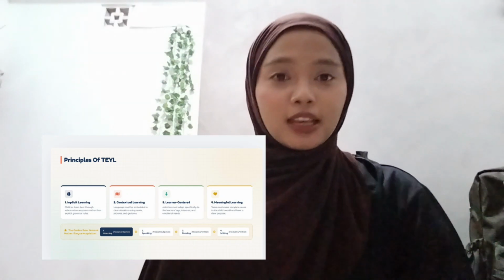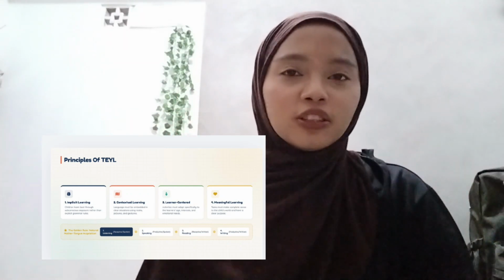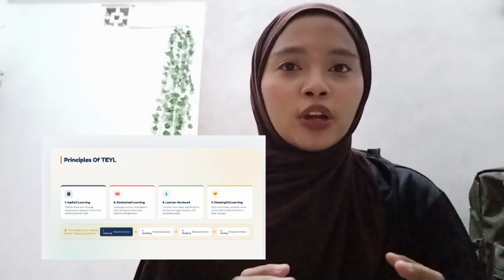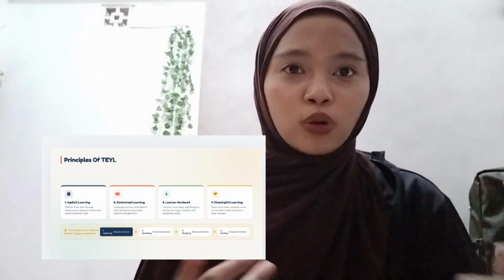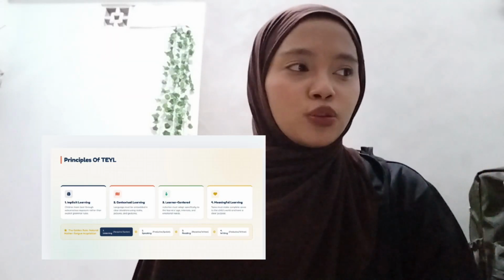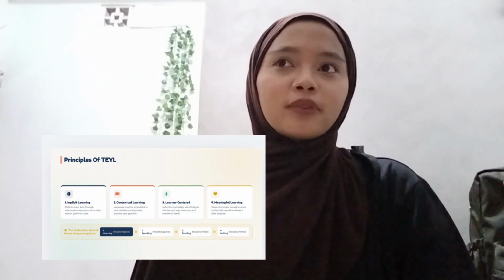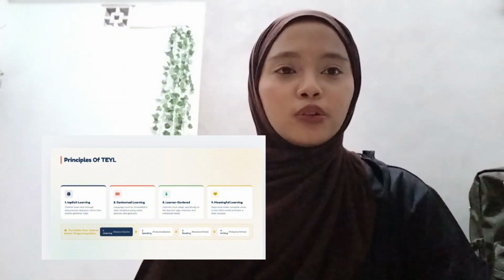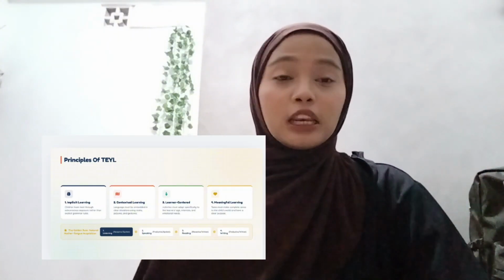What is implicit learning? Implicit learning is that children learn best through subconscious exposure rather than explicit grammar rules. So the students don't need to follow the rules. They just learn naturally.